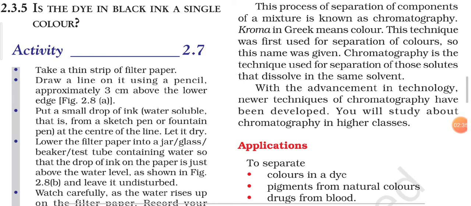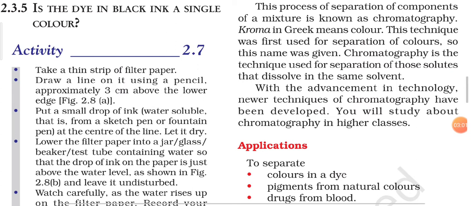Now, the chromatography technique which we discussed in activity 2.7, we were doing that activity with the help of filter paper, so that technique is said to be paper chromatography. If you want, you can also mention it somewhere near activity 2.7. Actually, the chromatography technique can be done with the help of different materials.